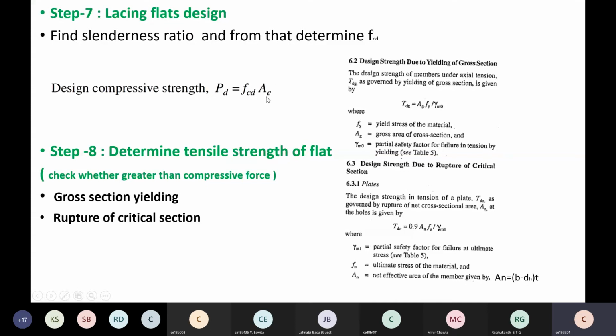So FCD multiplied by A. Here we are providing 50 mm width and 12 mm thickness. So what is the design compressive strength you got?